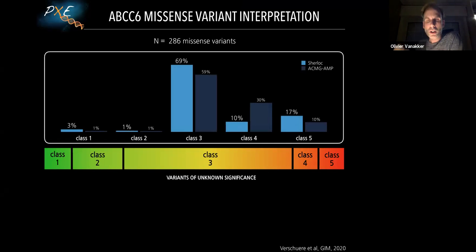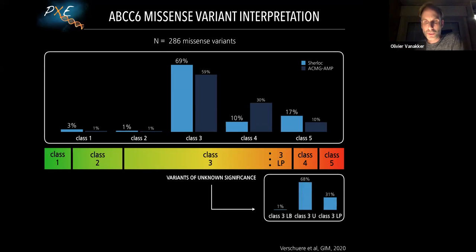And as you can see, if you look at the missense variants that are reported in ABCC6, there is a fairly large proportion, 60–70%, that are actually class 3 variants of unknown significance. We can clean that figure up a bit if we say, okay, the variants that are very close to the border of class 4 and 5 are most probably also disease causing.